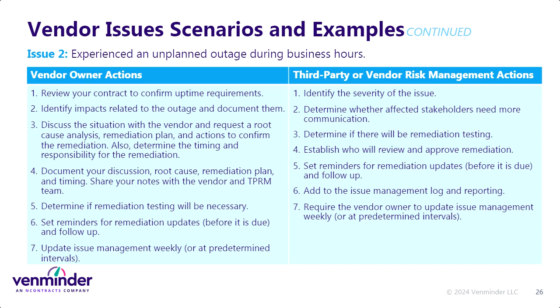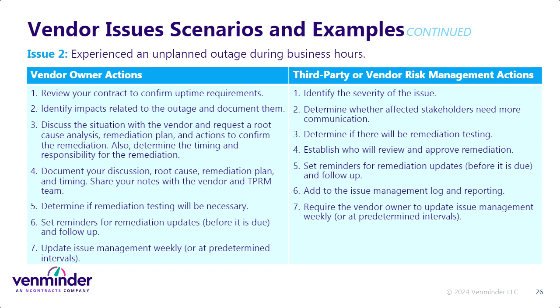You're going to see some similar action items across all of these, but this second one is experiencing an unplanned outage. Again, your vendor owner is going to go through the contract to understand what those uptime requirements are, identify if there were any impacts related to that outage, and document them if there are. Discuss it, of course, with the vendor and determine a root cause analysis, talk about what their plans are to make sure it doesn't happen again, and document the discussion.